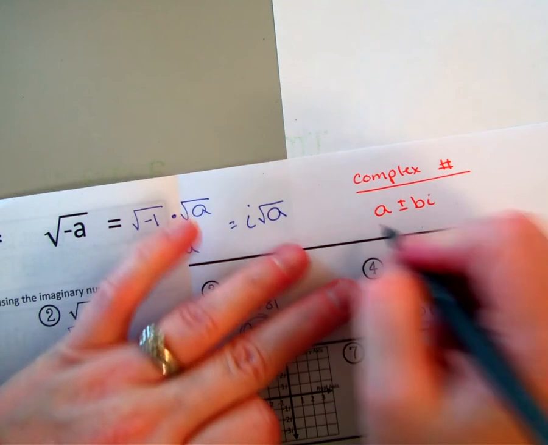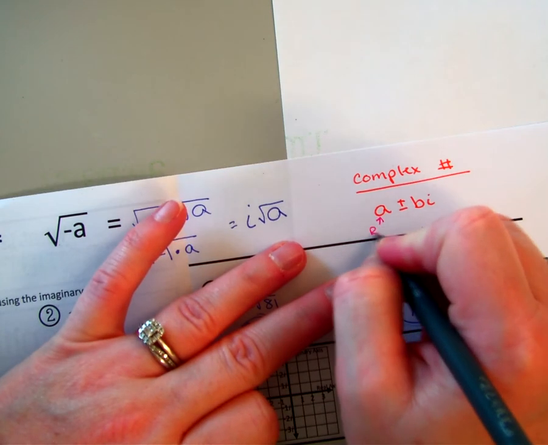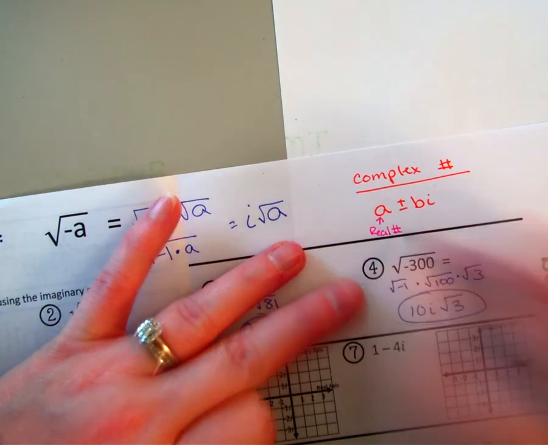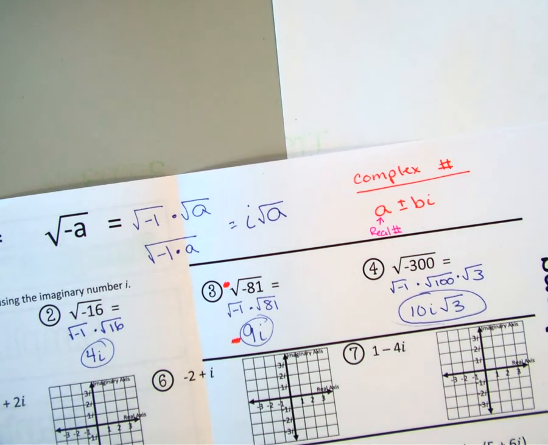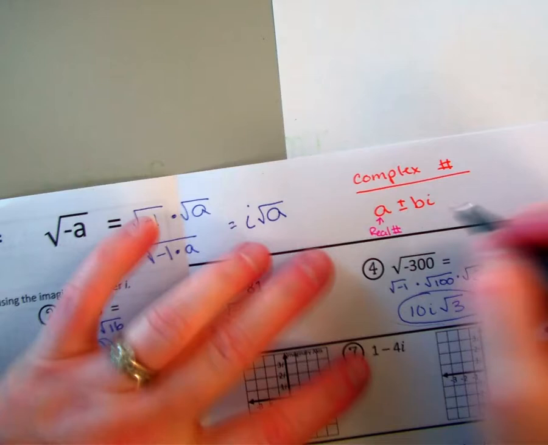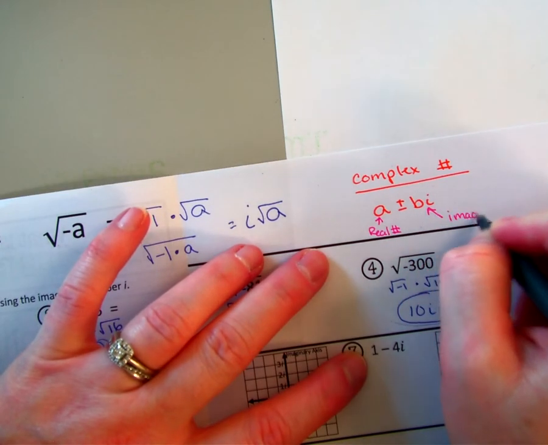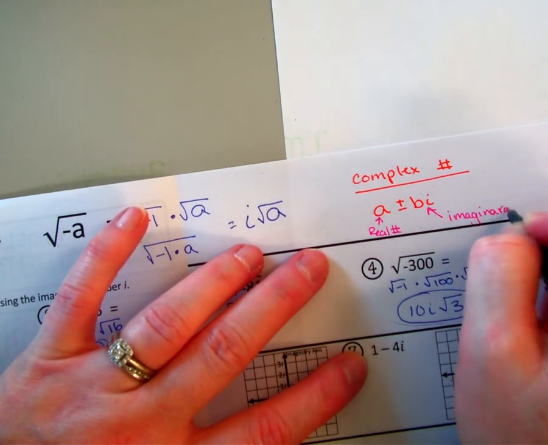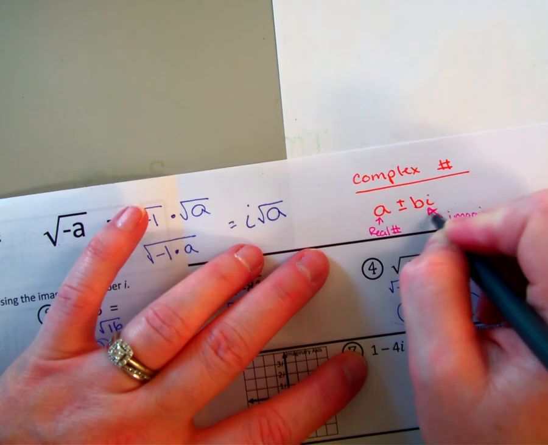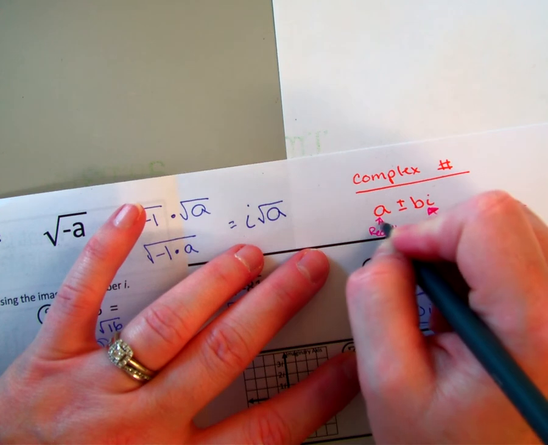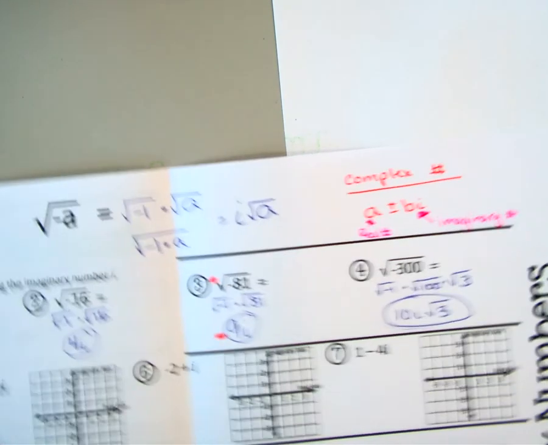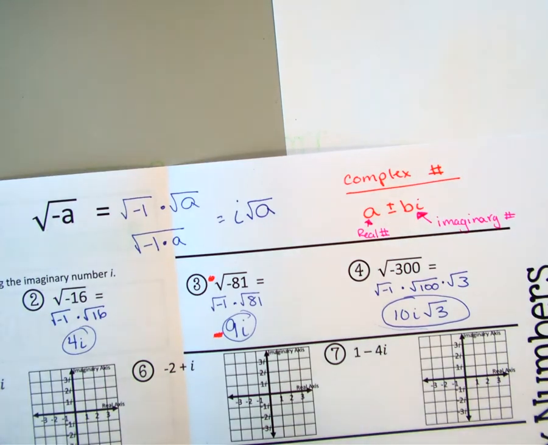So a represents a real number. bi is your imaginary number. And when you put the two of those together, you get the complex number because it's a combination of both a real number combined with an imaginary number.